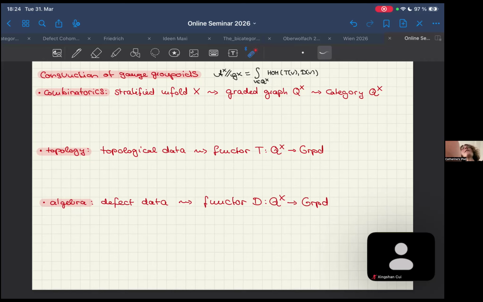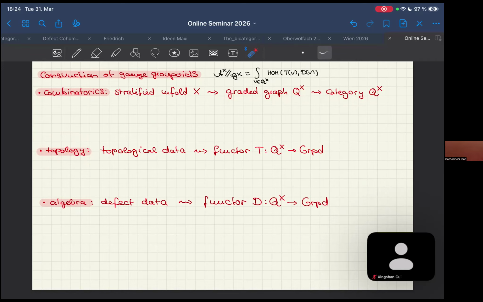And this is like the combinatorics of the stratification. And we encode this in a graded graph. So that's a graph with a degree associated to each vertex so that the edges always raise the degree by 1. And if we have such a graph, it's a directed graph, and then we get immediately a free category generated by the graph. And on the other hand, the strata also have topology, and the topology is not trivial for the strata.